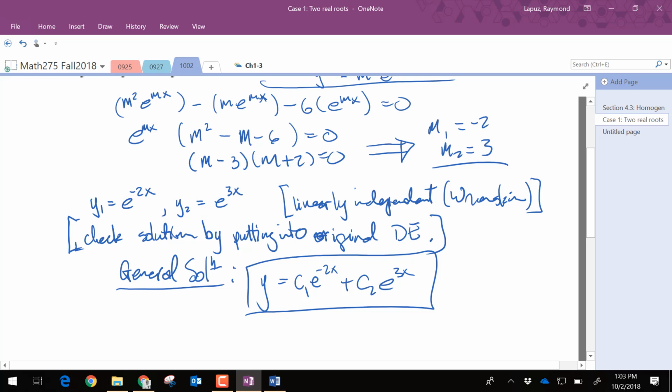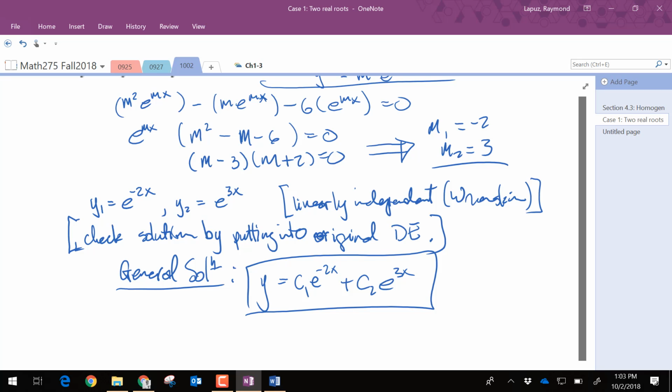And again, you can take that solution and put that back into the original differential equation to see that it would work. So you would do that by taking the derivative once and twice and then putting it back into the original equation and seeing that this is all going to amount to 0.